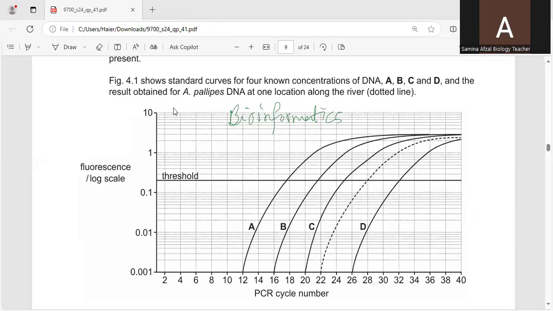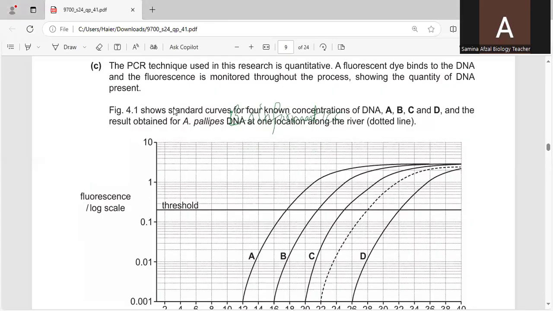Now, the next question: the PCR technique used in this research is quantitative. A fluorescent dye binds to the DNA and the fluorescence is monitored throughout the process, showing the quantity of DNA present.